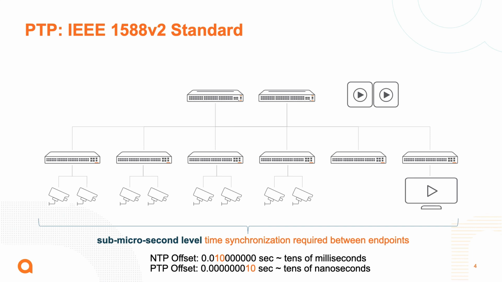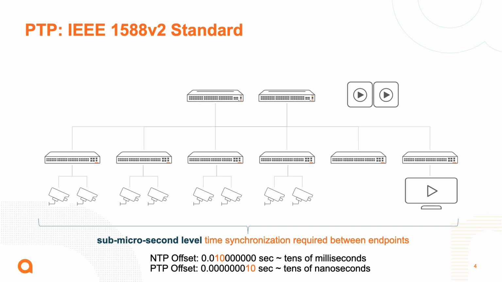So your core devices are going to be boundary clocks, in this case 8360 switches, and will be connected to 1 or 2 grandmaster clocks. In this case, we're showing that grandmaster clock 1 is active and grandmaster clock 2 is standby. And those dotted green arrows are the paths that we expect PTP traffic to use by default.